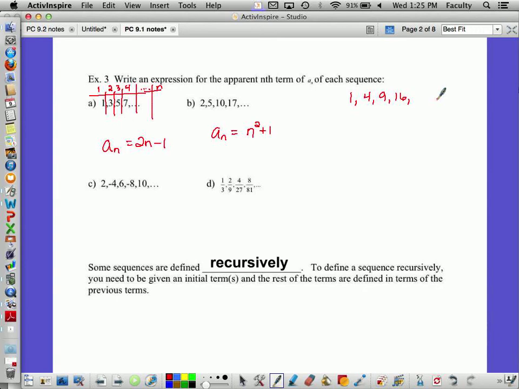Anybody have it? And sometimes there is more than one way to write it, but you've got to make sure you're checking all the terms, because it might work for the first one, but it doesn't work for any others. But on letter C, I've got at least 2 ways I can write this one, but they're very, very similar.